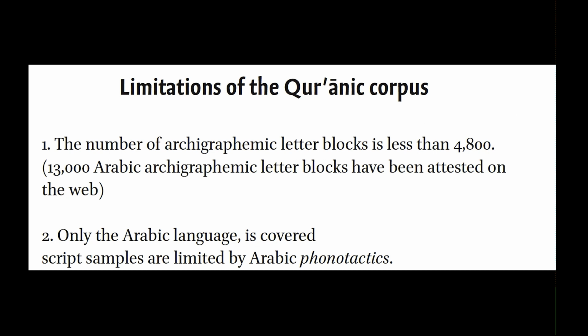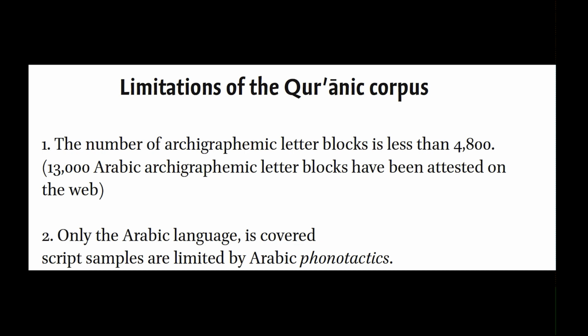It has its drawbacks because the Quran is a small text. And when you strip it of the dots, you still are left with about 4,800 fused or combined letters and letter groups. And a count of everyday usage on the internet yields about 13,000 combined letter groups without the dots, of course.